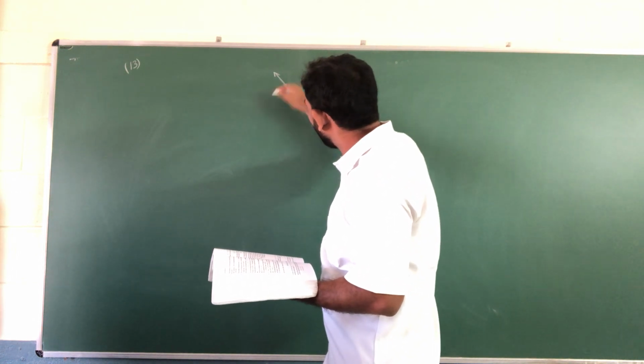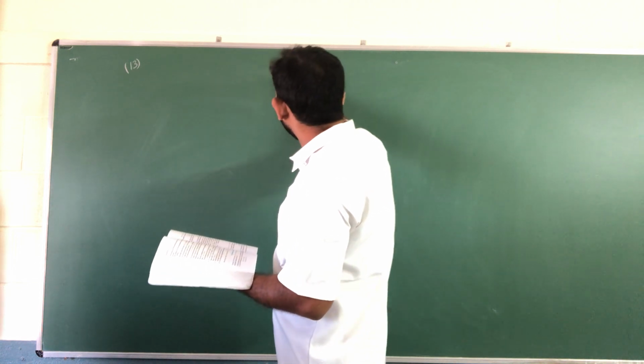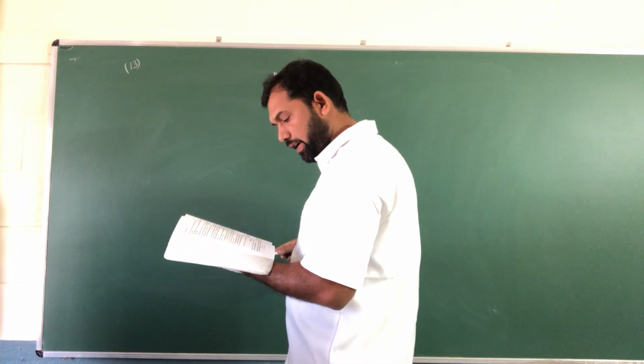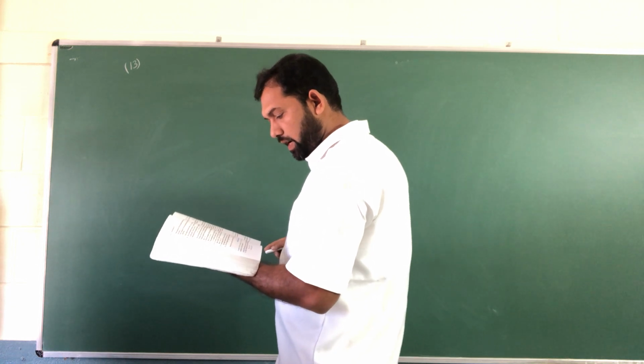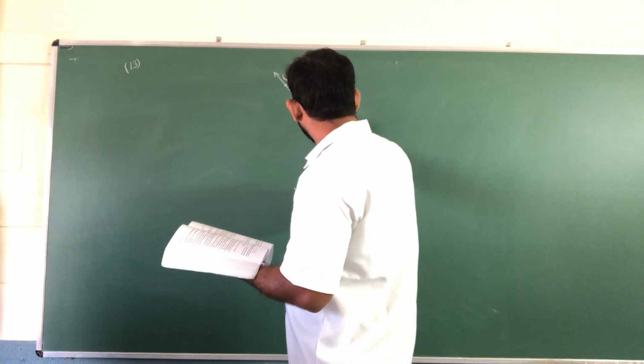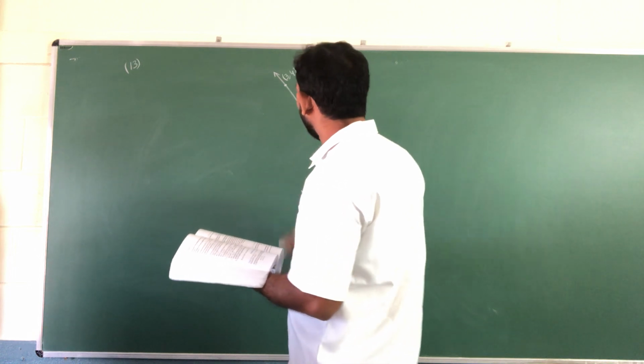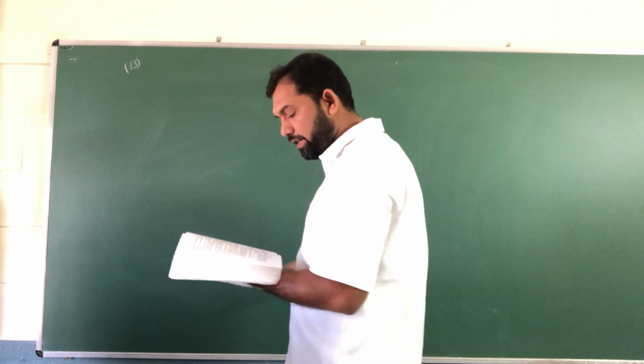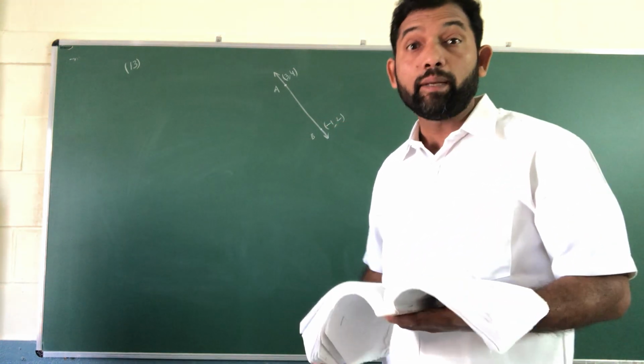So what are the points? 3, 4 is one point and minus 1, 2. These two points, this line segment, I will consider AB. So for this line segment, the right bisector.